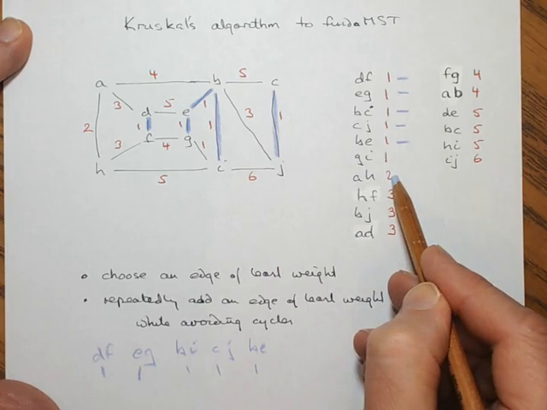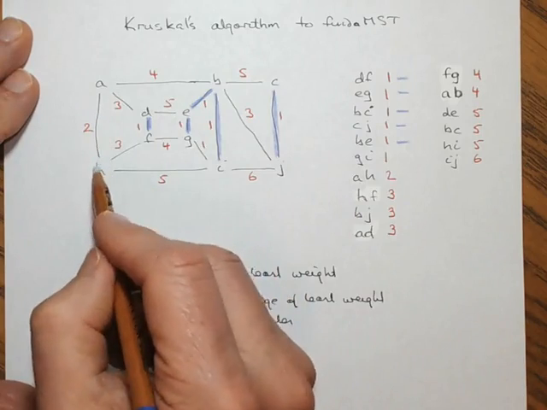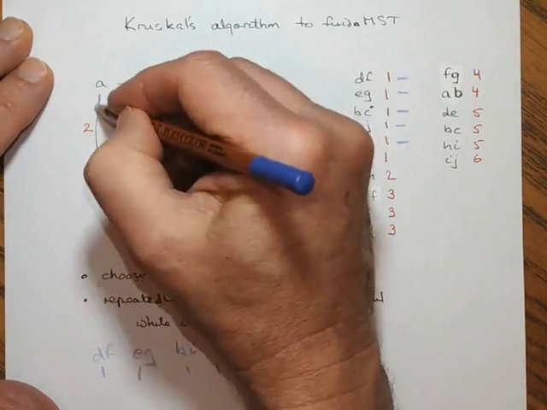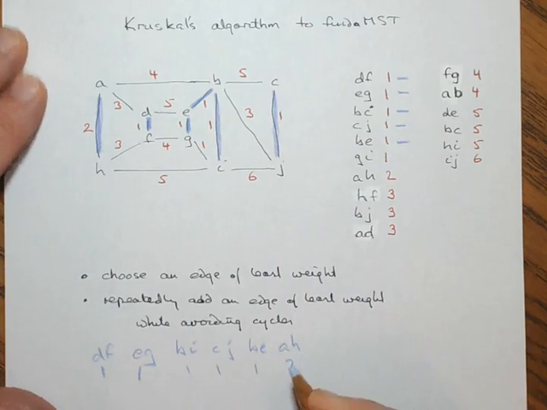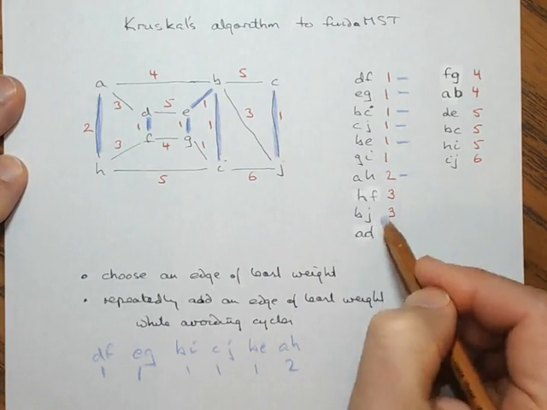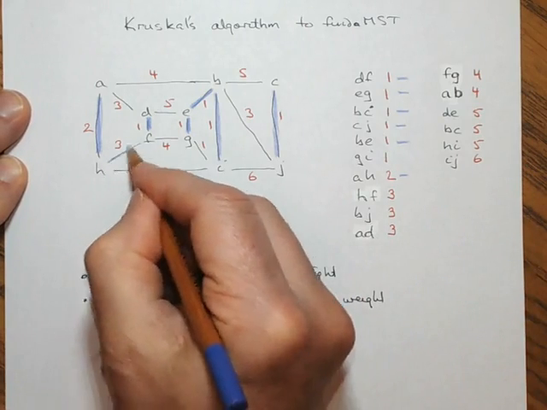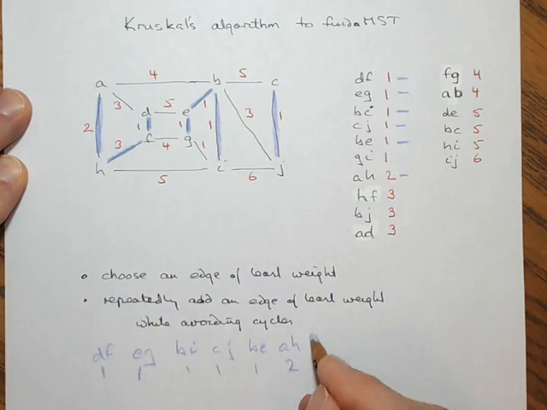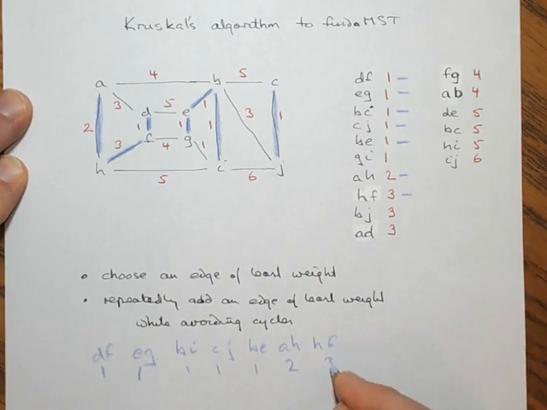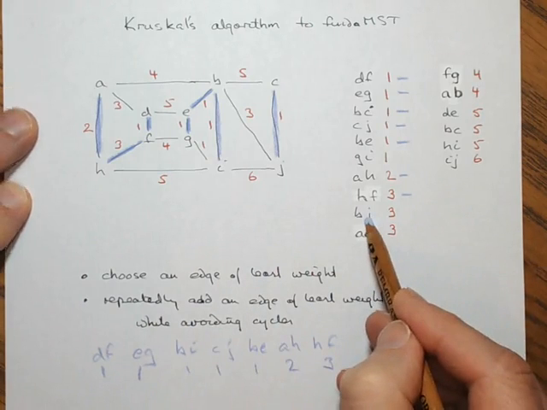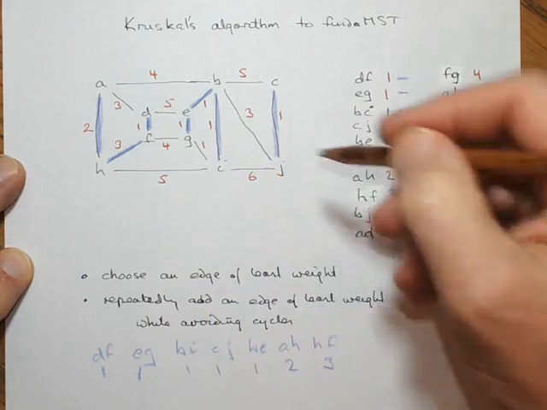Can we put in A to H? There's A to H there. Yes, we can, because if we put it in it still avoids a cycle. A to H. H to F. Yes, we can add that in. No cycles created, so that's fine. That's worth 3. B to J. Yes, we can add that in.